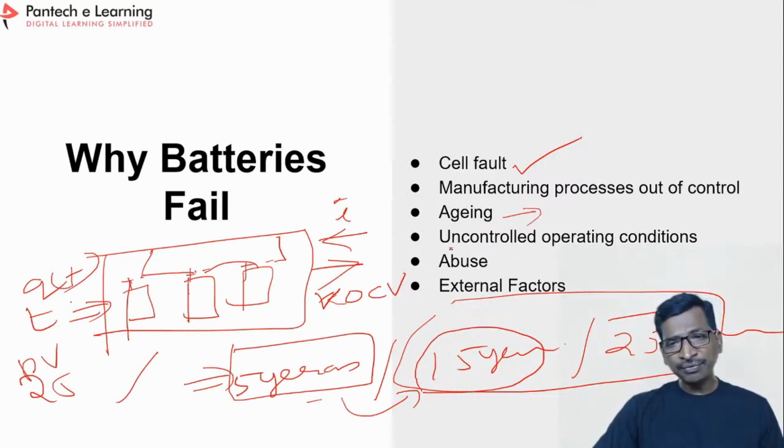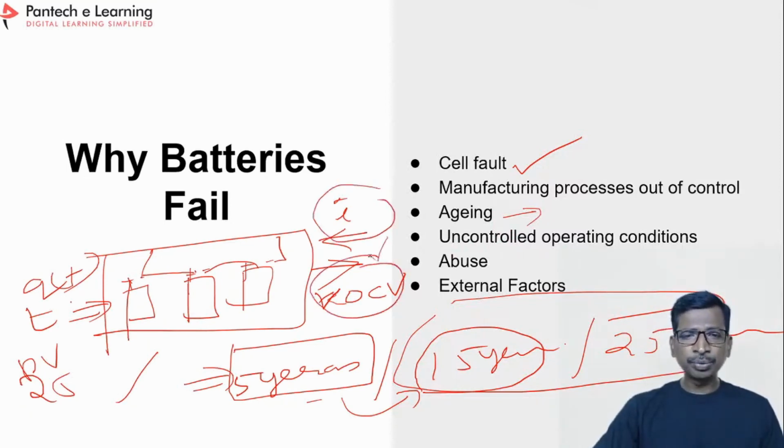The next important factor is uncontrolled operations, like charging as well as discharging. Suppose there is a fault in your charger or in your load, that will also affect your battery.